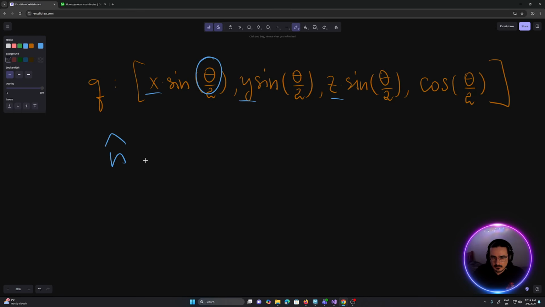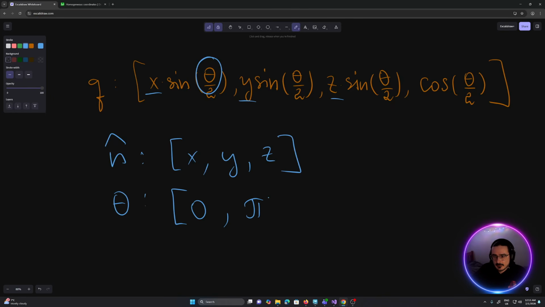So axis would be the normalized vector x, y, z, and the angle theta would have the range between 0 and pi.